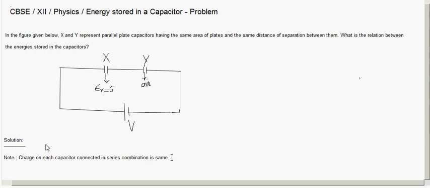Also, here it is given that these two capacitors have the same plate area and the same distance of separation, so they will have equal capacitance in air or vacuum.